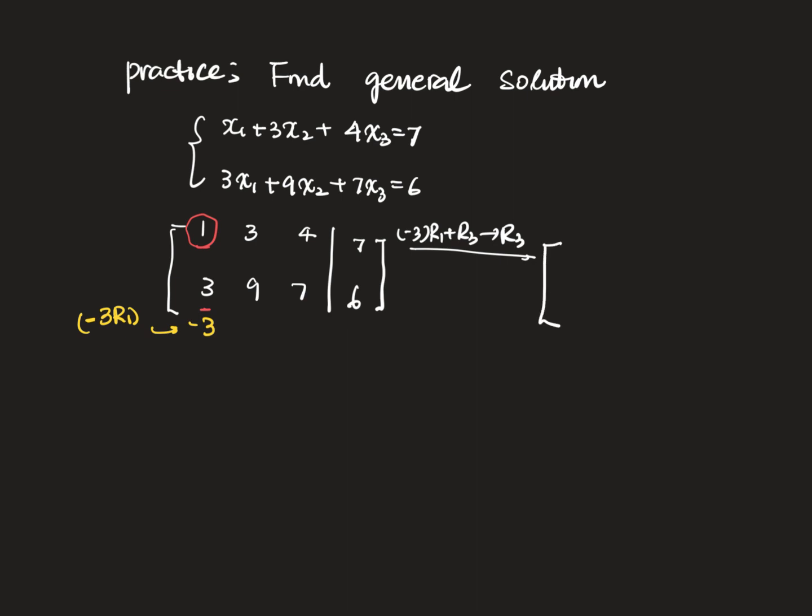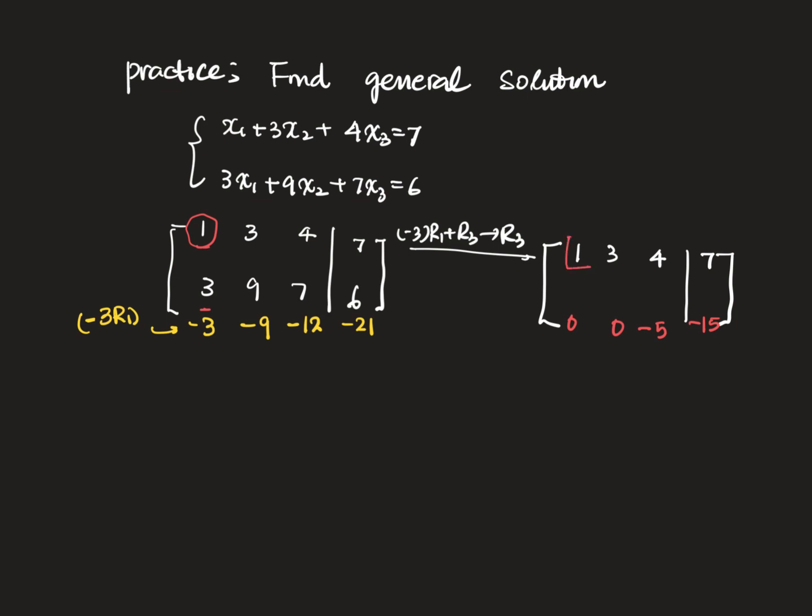So what do you see, guys? Look at this. This is going to be -3, -9, -12, and here is -21. So you're going to get the second row, 0, 0, -5, -15. The first row is 1, 3, 4, 7. Okay, let's do the next pivot.